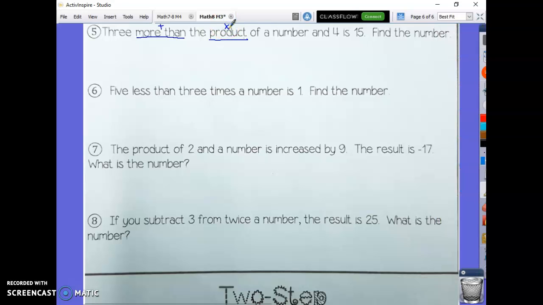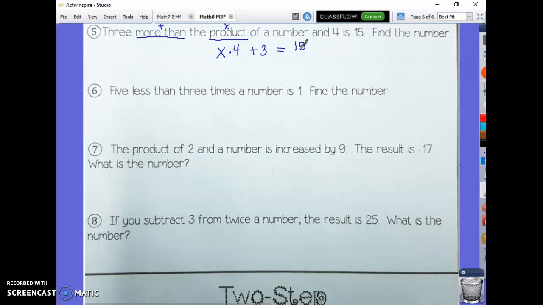Of a number and 4 is 15. So the product of a number x times 4, 3 more than that, plus 3 is equal to 15, right?